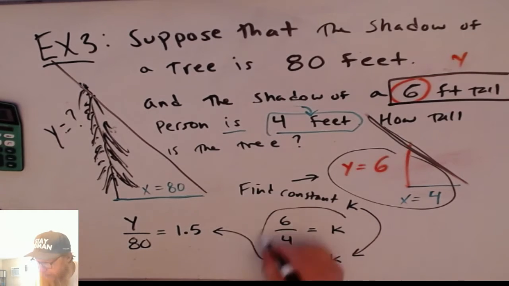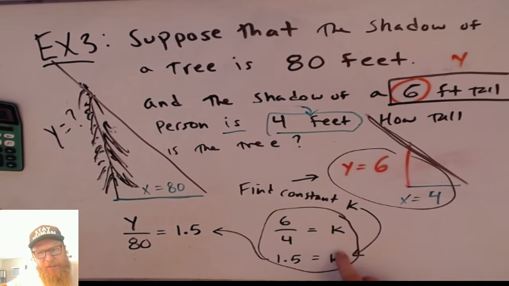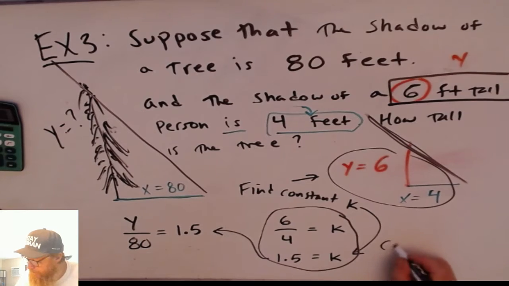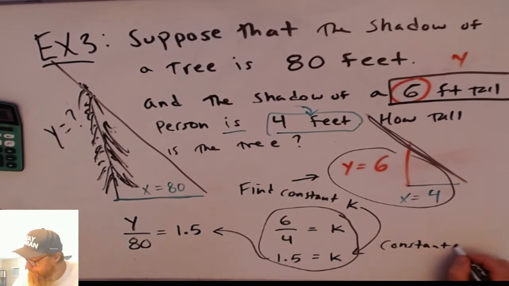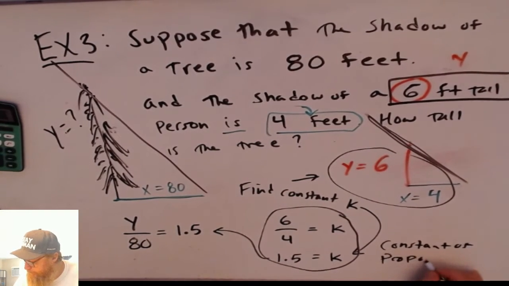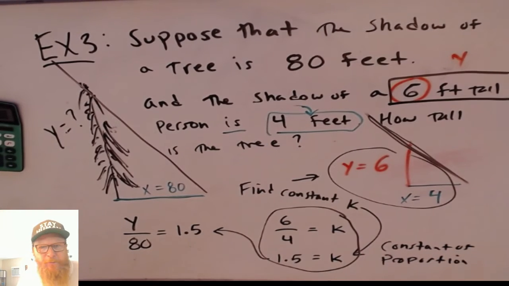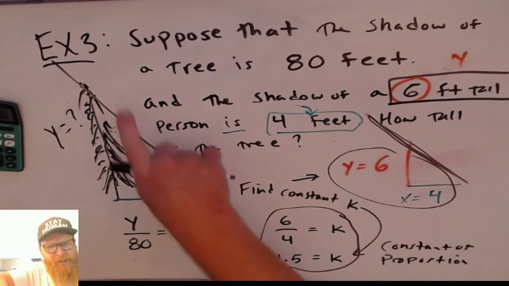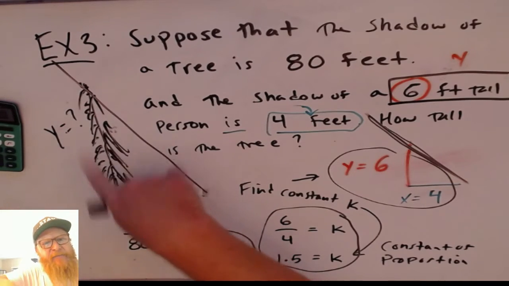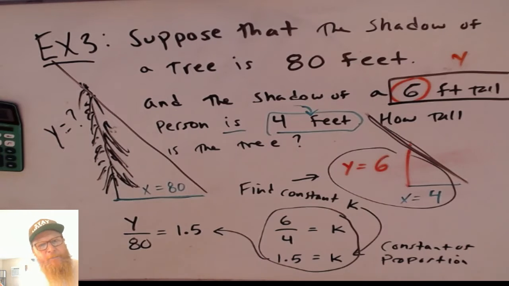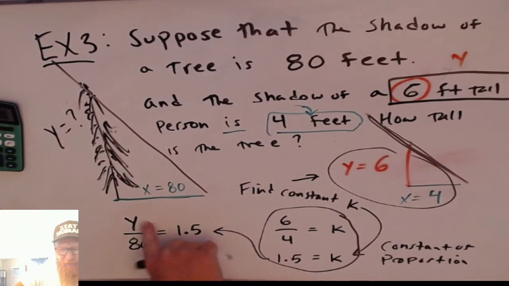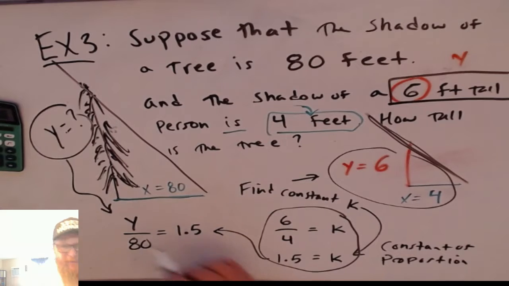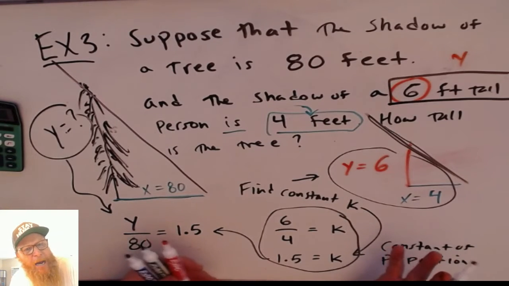So first you find what k is. That's called the constant of proportion. Last time it was 0.6. This time it's 1.5. It essentially means the tree is 1.5 times the shadow. And then now I'm just going to solve for y. Sometimes you'll be solving for y.